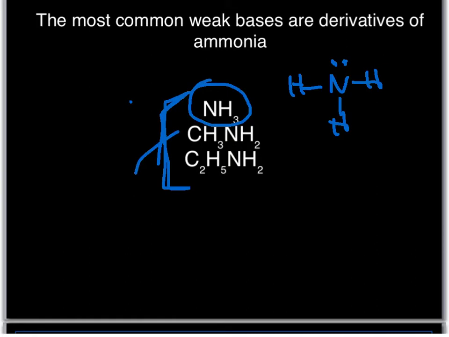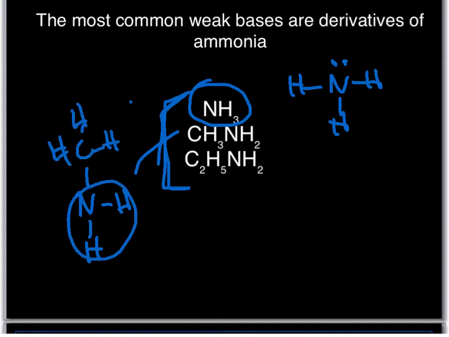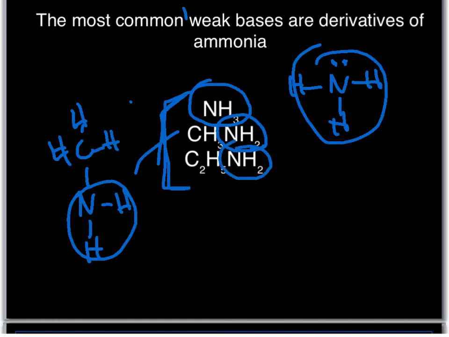But this one would look like this. It's also got N and H, but it also has a CH3. The thing that you need to focus on is you're looking for some form of ammonia, like an NH2, or sometimes it's just NH. But you're looking for some derivative of ammonia, and those are the most typical weak bases. There's other types, but those are the ones that we're going to look at.